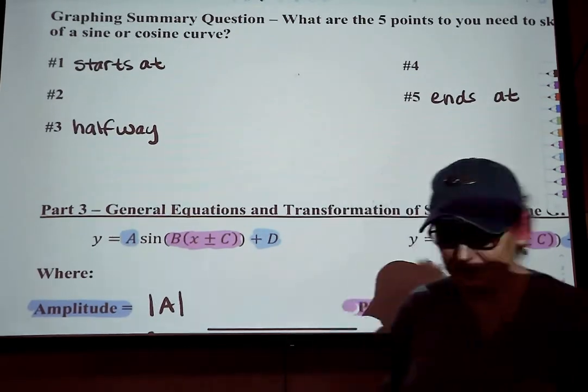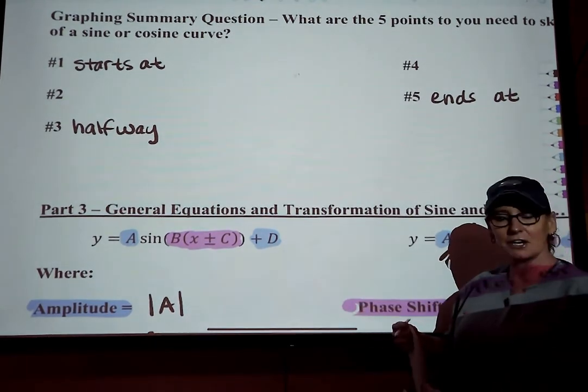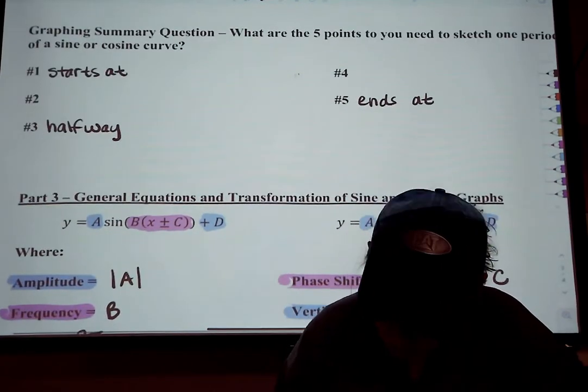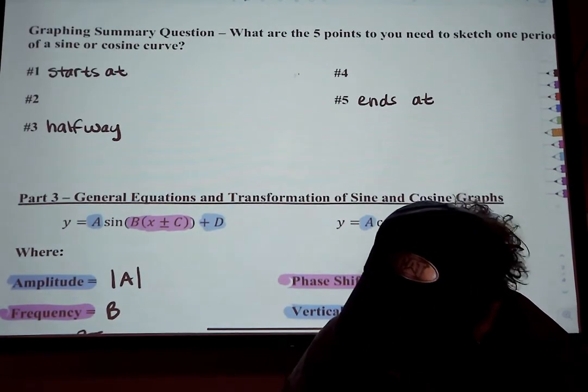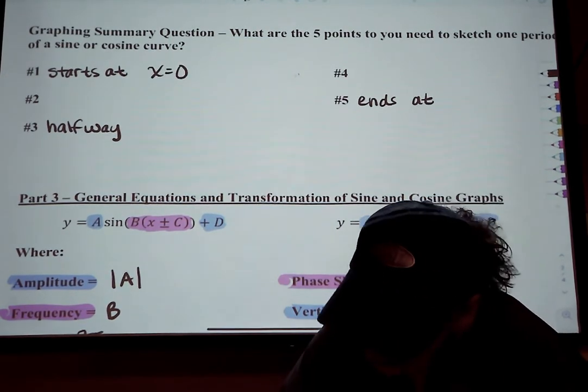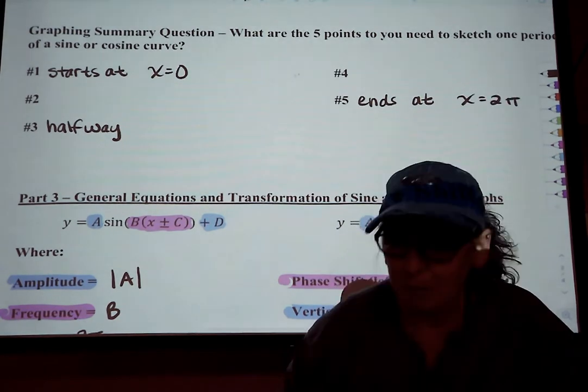All right, summary of graphing. What are the 5 points that you're going to use? Like x values. So we are going to start at x equals 0. And we're going to end at 2 pi.